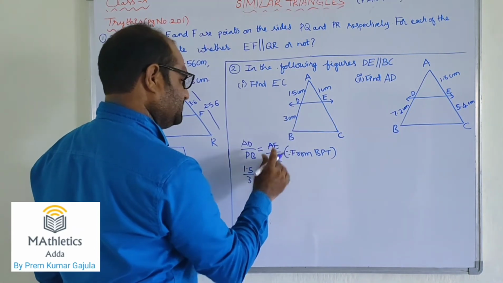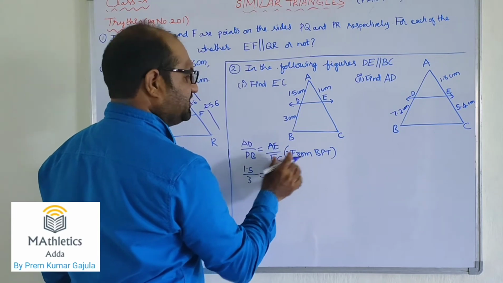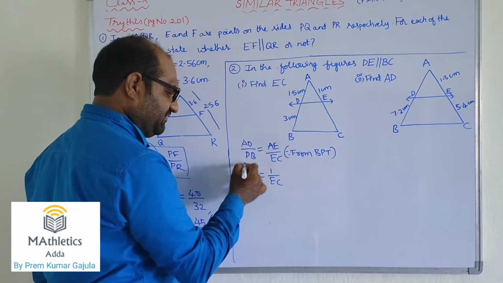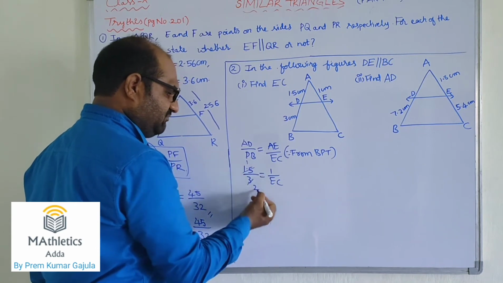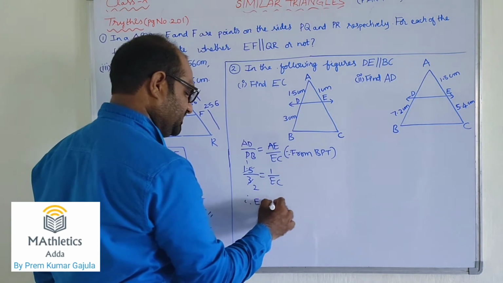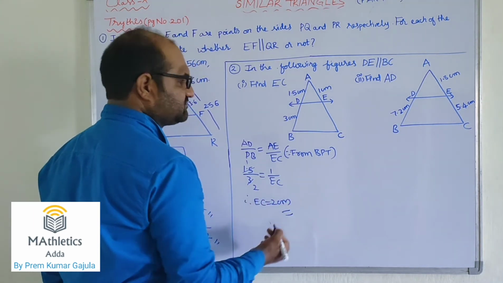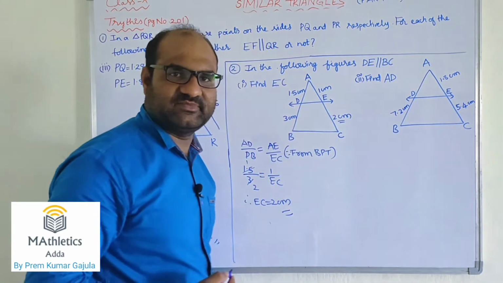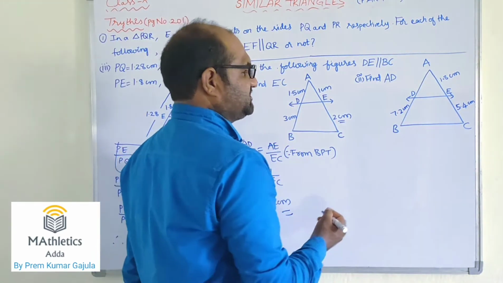DB is 3 and AE value is given as 1. EC value is not given, so write as it is. So now if you cancel this, 1.5 ones are 1.5, twos are 3. So 1 by 2 is equal to 1 by EC. So therefore if you reciprocate it, you will get EC is equal to 2 centimeters. Okay, we have got EC is equal to 2 centimeters. So I am writing in the place of EC 2 centimeters. Answer is completed. Now let us look at the next question.